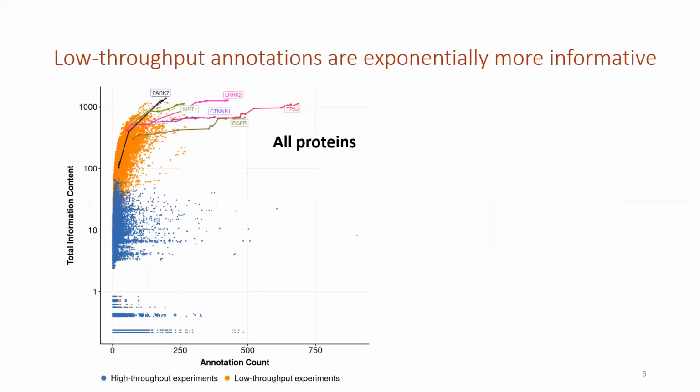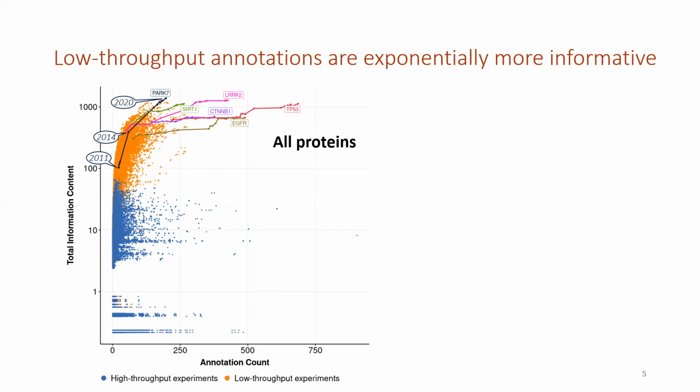Next, I have a plot of total information content versus annotation count of all proteins, where each dot represents a protein at one time point. On the top, we can see some proteins of high interest are heavily annotated. Let's look at Park7, where I picked out 3 time points describing its high growth in both annotation count and in total information content over time.